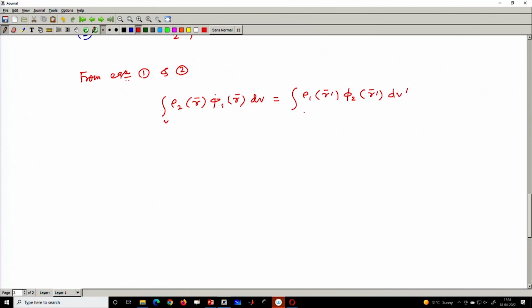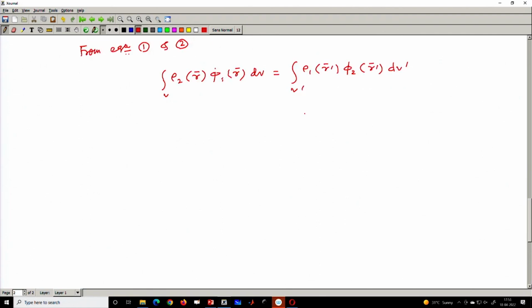So, this is an identity, and this identity is called the Green's reciprocity theorem.